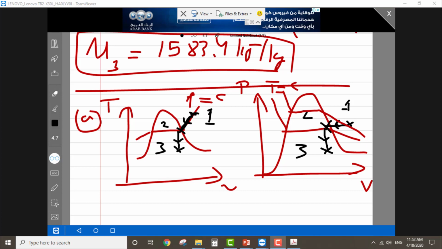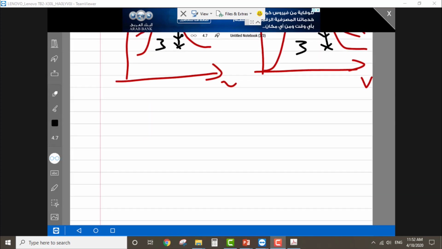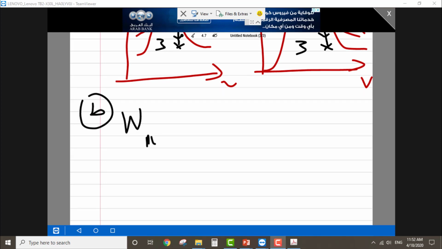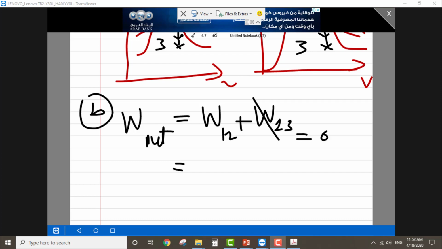Now the second part. We need to find W net, which is equal to W1-2 plus W2-3. Now W2-3, constant volume, means this is equal to 0. But process 1 to 2 is at a constant pressure, so this is pressure multiplied by V2 minus V1.